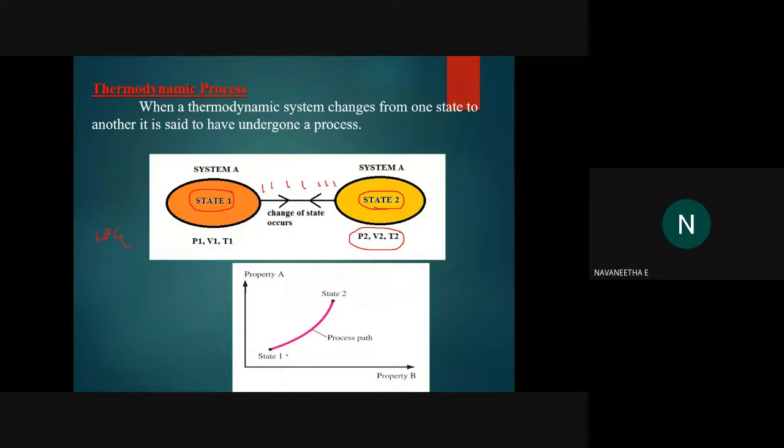We can say that a path is the collection of intermediate states between the initial and final state.